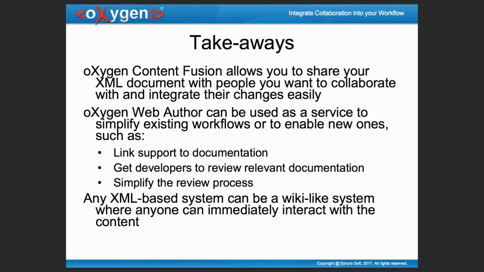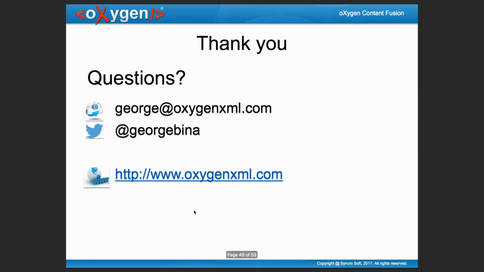And you've seen that basically any XML-based system can be turned into a wiki, like everything becomes editable with these links. And if you integrate automatic publishing, then you have a wiki-like experience for XML-based systems. So, thank you, and I hope you found this useful.